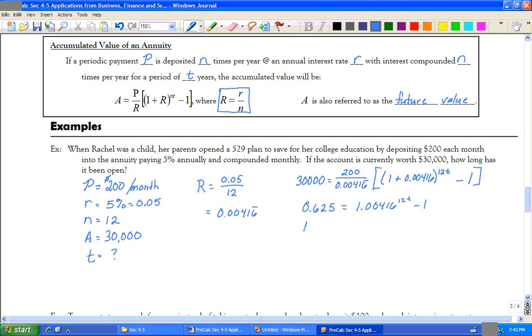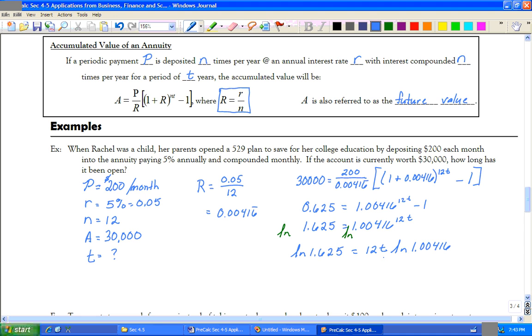Okay, we're going to add 1 to both sides. Okay, and we are trying to solve for t, and t is part of our exponent, so we need to take the natural log of both sides. And if we end up rewriting that, we end up with the natural log of 1.625 is equal to 12t times the natural log of 1.00416.